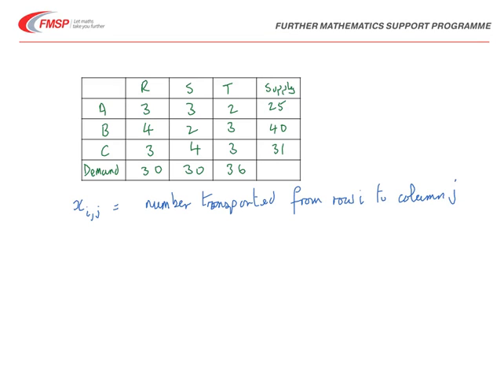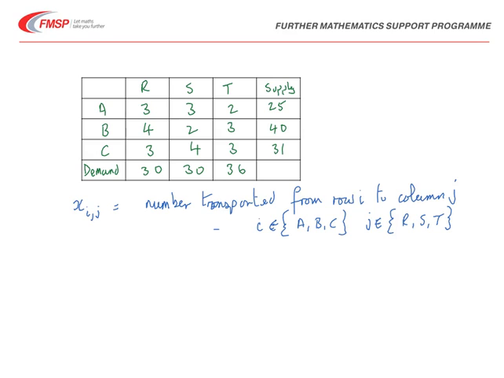And that's a variable. So i is part of the set A, B, C, and j is in the set R, S, T. Sorry, that symbol there should be an element of rather than equals to.